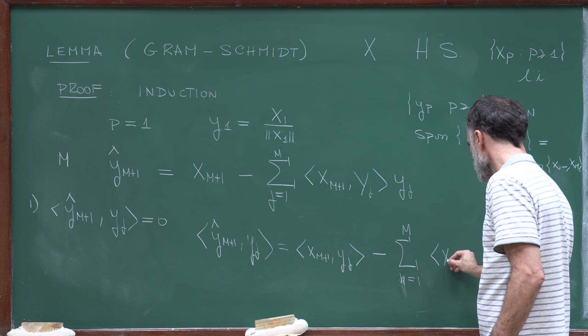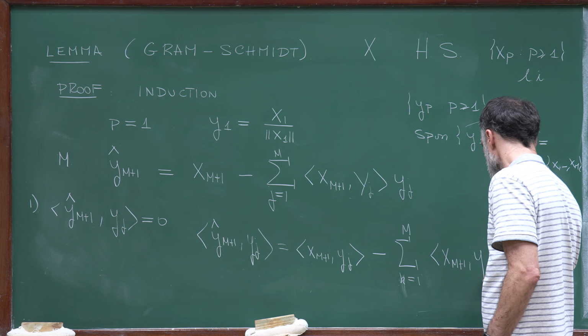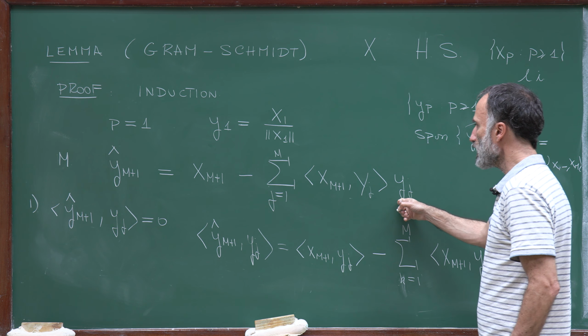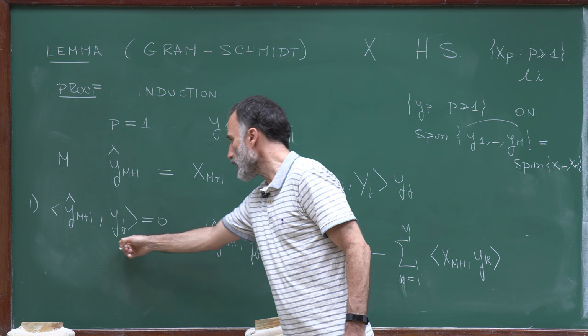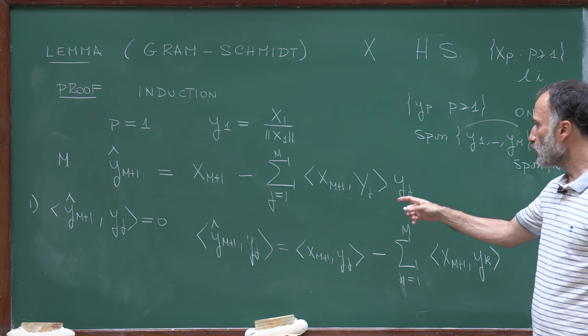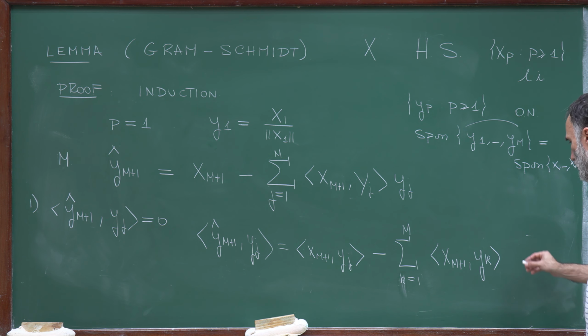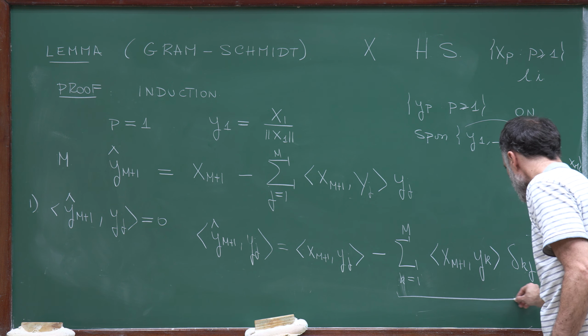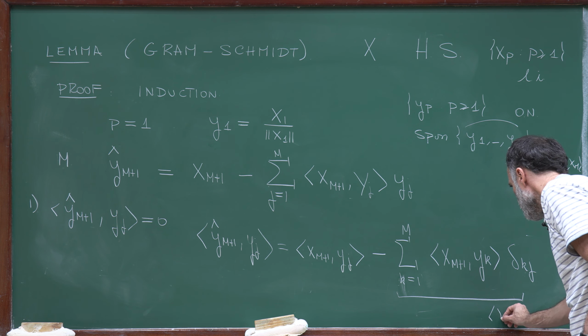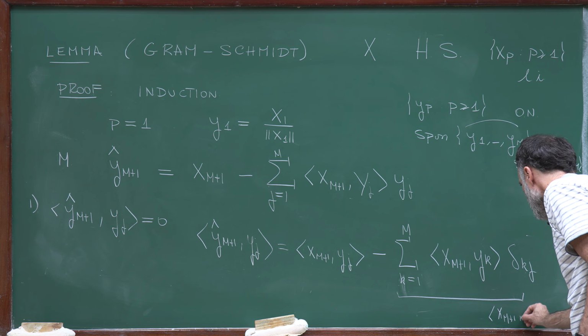This goes out by linearity. And then here I have the scalar product of y_k and y_j. But since they are orthonormal, this is either 0 or 1: 0 if k is different from j, and 1 if k is equal to j. So you see that in this sum, all terms vanish but the one in which k is equal to j, and therefore this sum is equal to the scalar product of x_{m+1} with y_j.